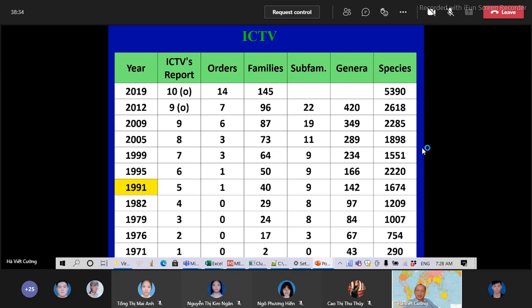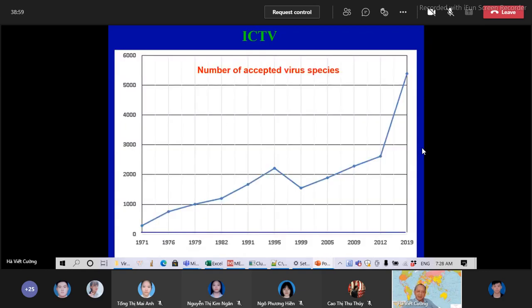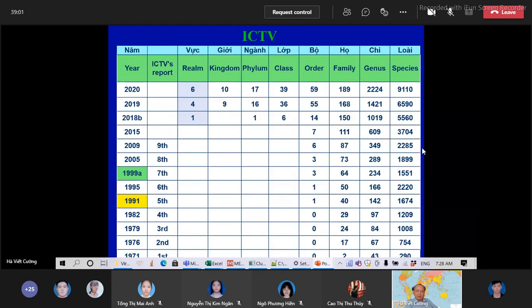The last time, I also told you that the number of virus species discovered around the world increased rapidly. In the recent 10 years, the number of viruses discovered grew very, very fast. That slide is quite old, so I have a newer, updated one.